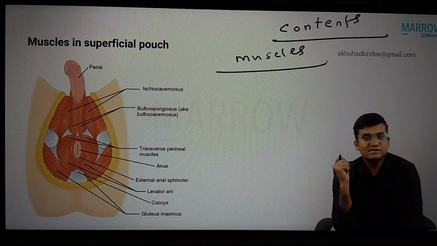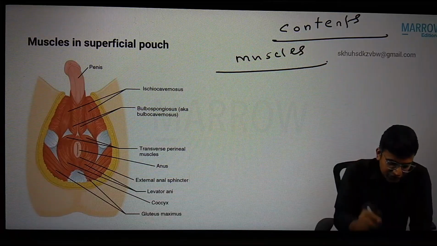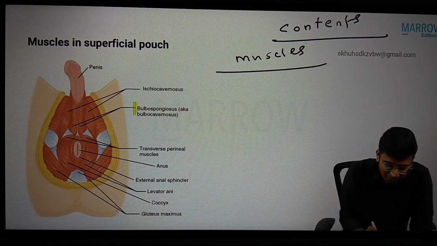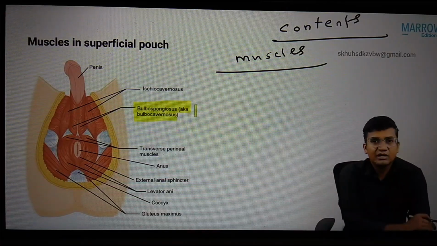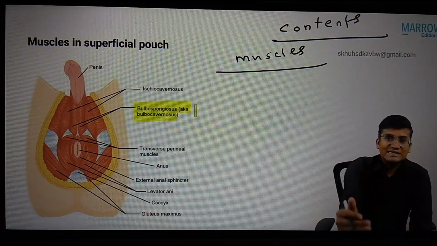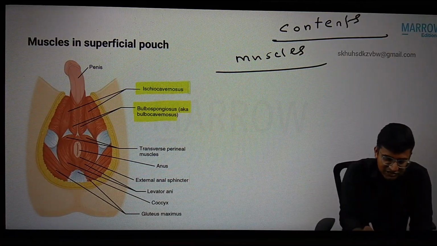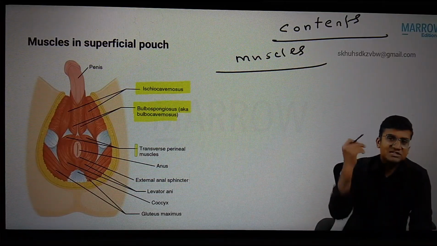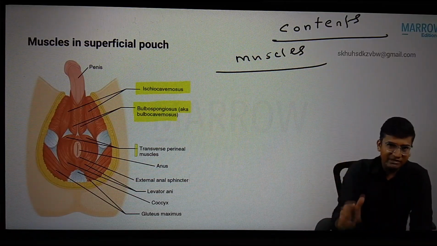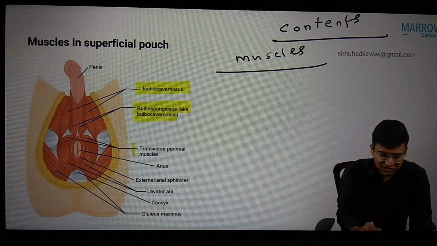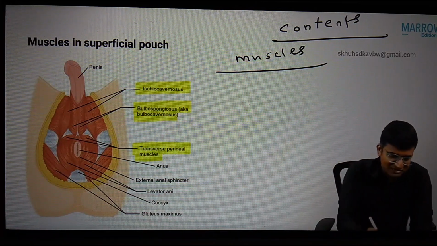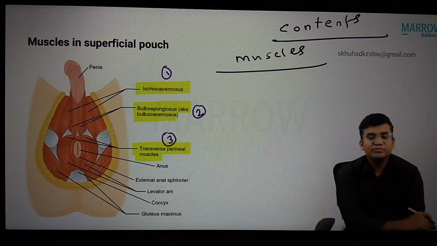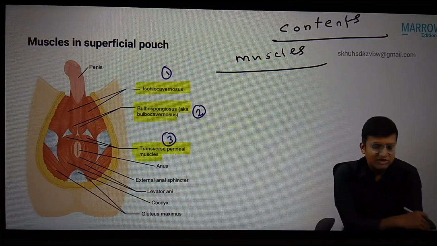We have three: the muscle over the bulb of the penis, bulbospongiosus; the muscle over the crus of the penis, ischiocavernosus; and the superficial transverse perineal muscle.